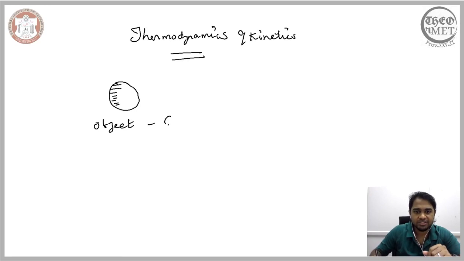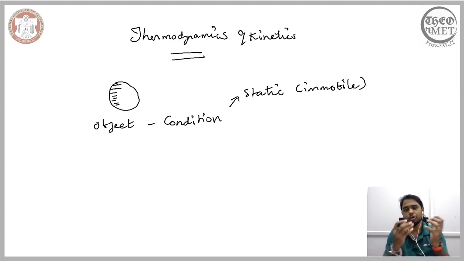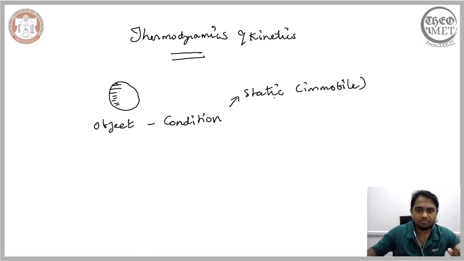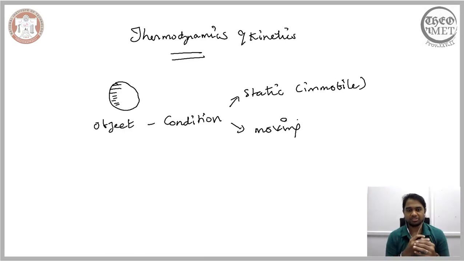This condition can be static, meaning it is immobile and not moving anywhere. The ball, the object that we are considering, is just static. Or it can be moving, so with time, its position can change from place to place.